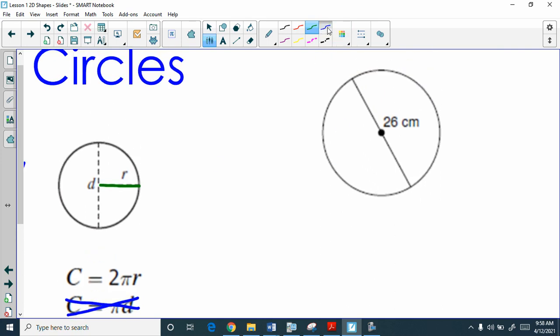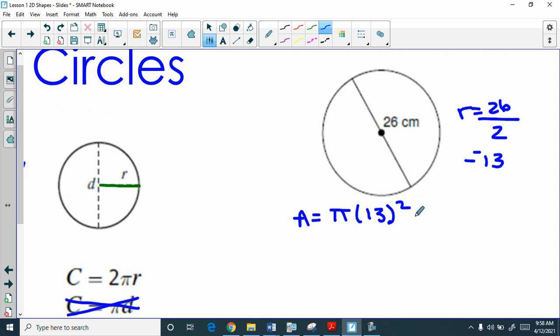So if I'm looking for area here, it's going to be pi times my radius, which is half of 26, or 13. So our radius is 13 squared. So in terms of pi, I would get 169 pi centimeters squared.